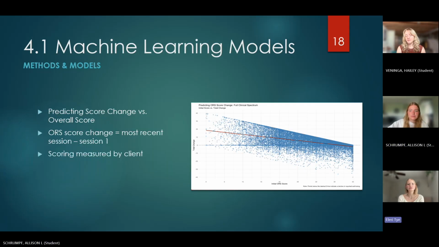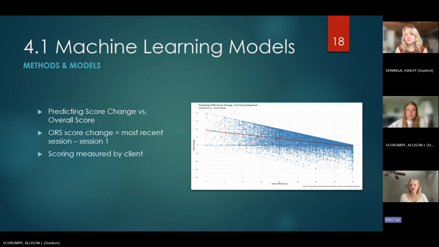So going forward, we looked at other machine learning models, so predicting score change versus overall score. So this is looking at ORS, so that is that scoring measured by the client. So it is from 0 to 40, and though it is a downward line, that just shows that the client that began with a high score has less of an opportunity for that score to increase compared to a client with a lower score.